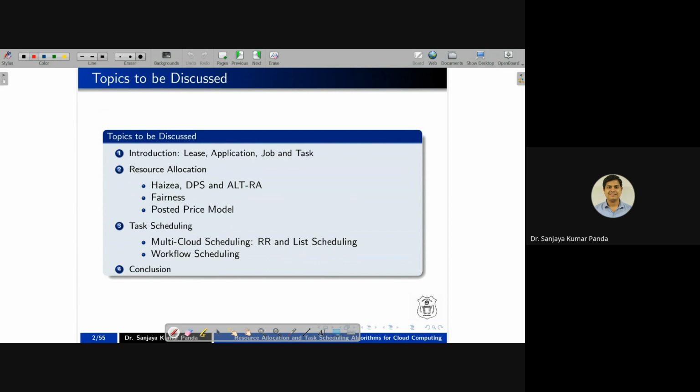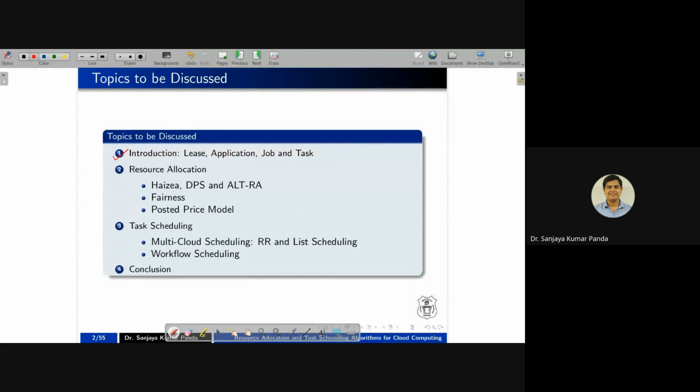But in the field of resource allocation and task scheduling, these terms are completely different. So first we need to understand the difference between these four terms. Then we'll go for the difference between resource allocation and task scheduling.